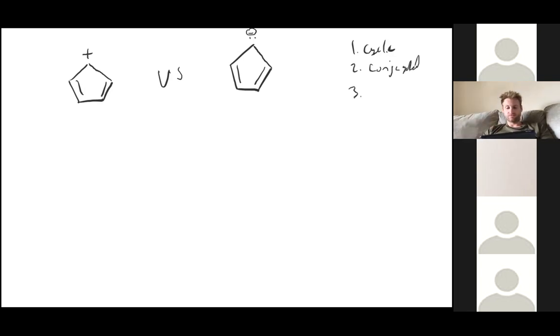Our last rule for something to be aromatic is that it has to follow the Huckel rule, which is that it needs to fall into the category of 4n plus 2 electrons.